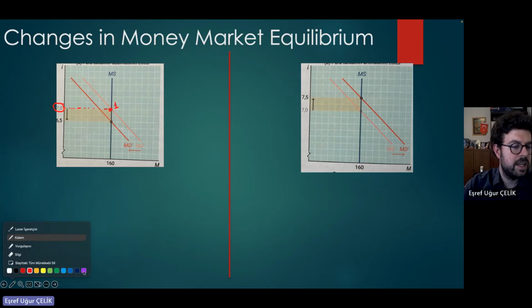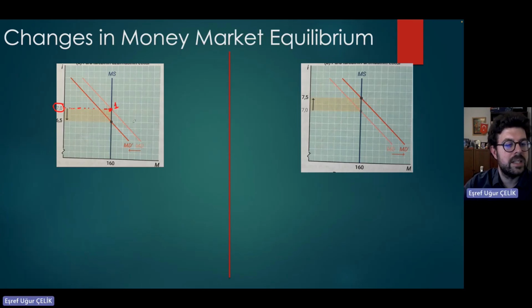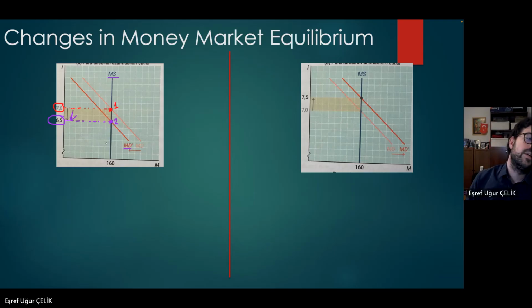And when the money demand shifts to the left, that means a decrease in money demand. There is no change in money supply, but there is a change in money demand. So we move from 1 to 2. You see the interest rate becomes lower.